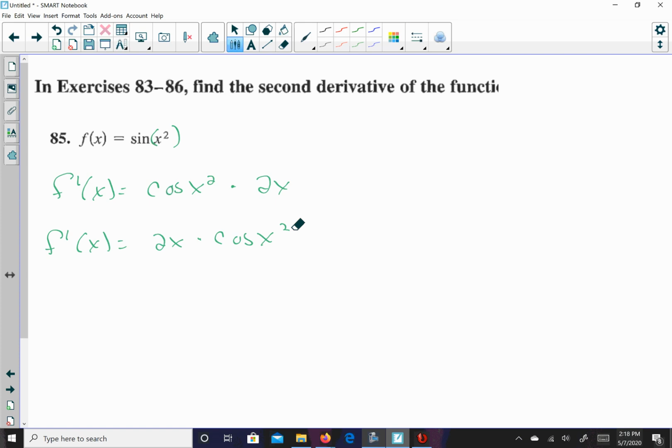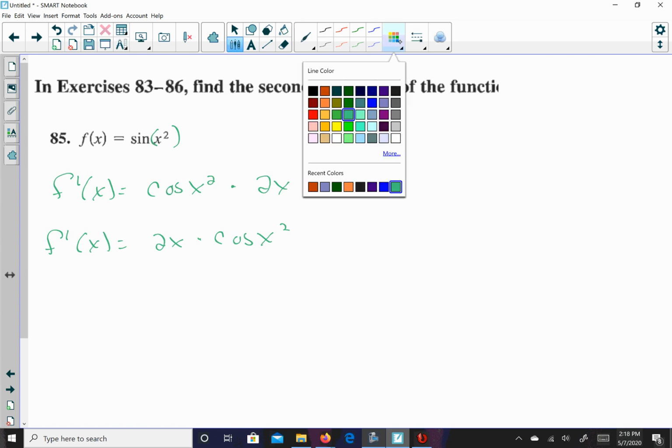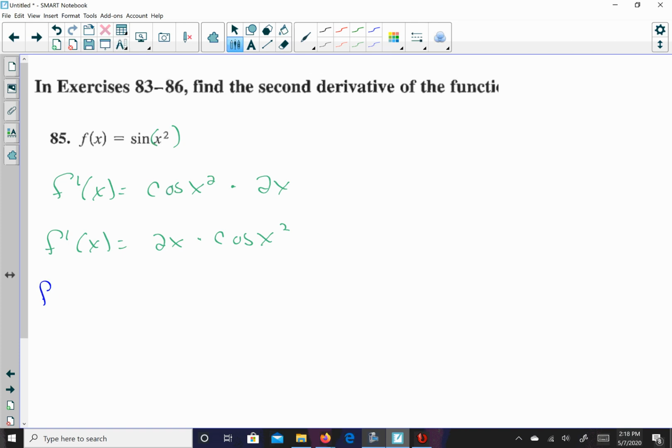Then to take the second derivative, I'm going to take the derivative of the first derivative. So now I'm going to have to use the product rule because I have this times this, and I'm going to have to use the chain rule for this. So I'm going to leave the 2x alone, and then I'm going to multiply it by the derivative of cosine x squared. So the derivative of cosine is negative sine x squared, and then the derivative of x squared will be 2x.